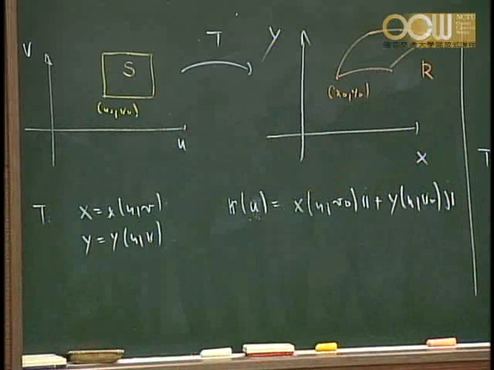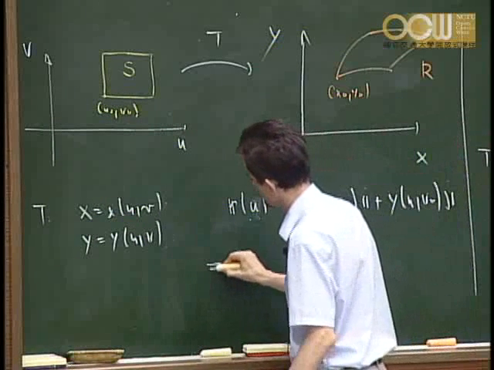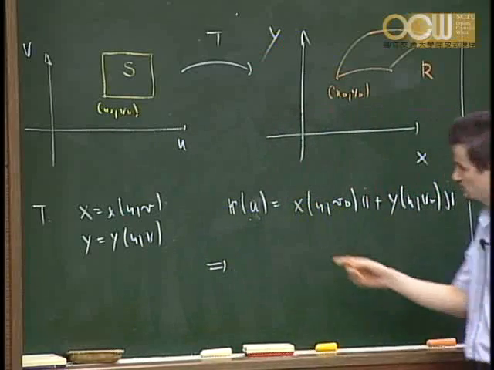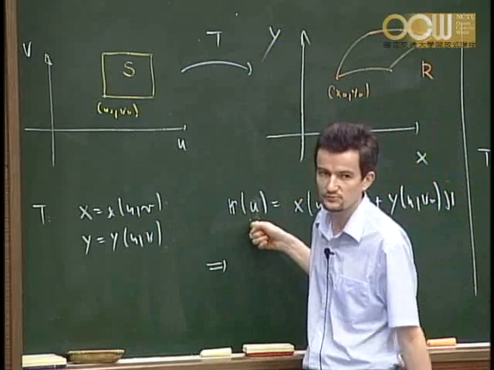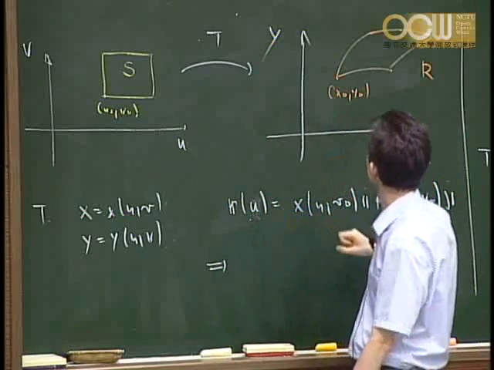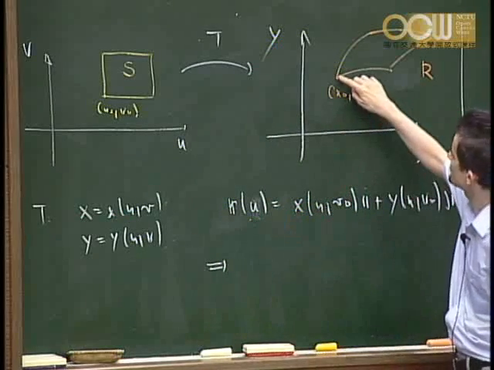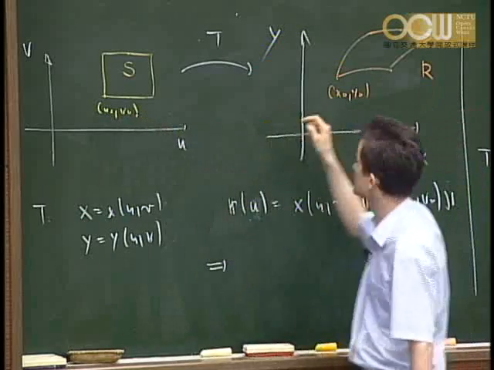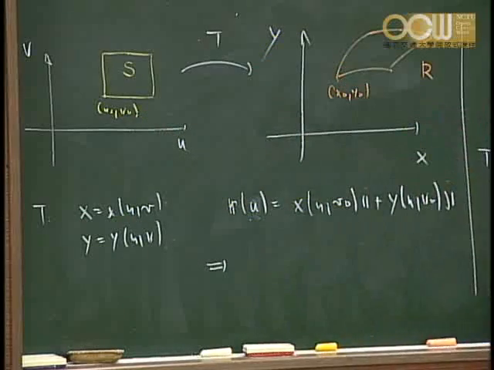Now the derivative of this vector function, with respect to the parameter, gives the tangent, and if I evaluate it at U0, V0, I get the tangent at this point here.